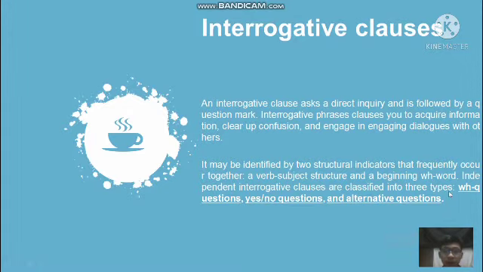Their primary applications are to obtain missing information, to determine if a statement is true or false, and to determine which of two or more options is correct.